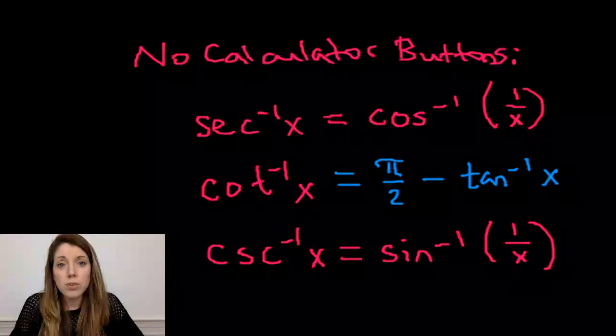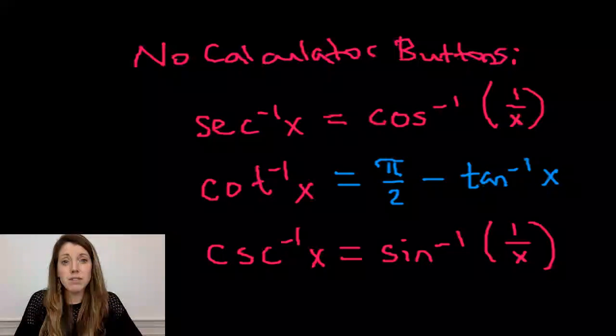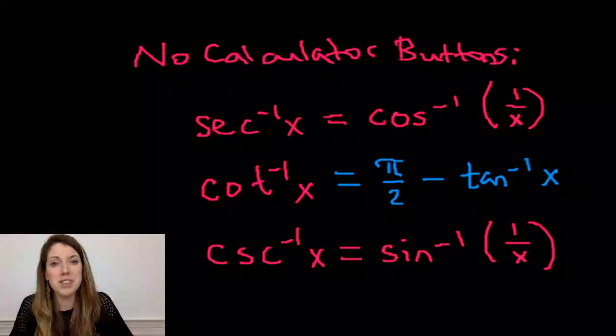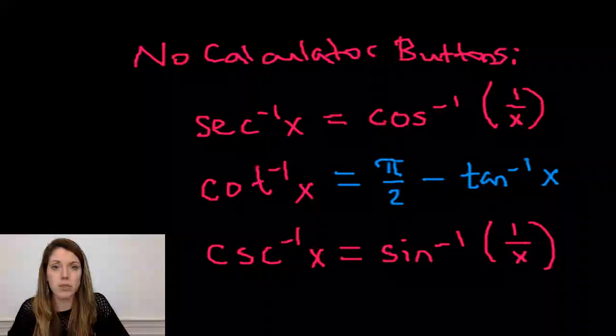You only need to use those if for some reason you need to plug in a value into your calculator and you need a way to rewrite it. So those are your no calculator button formulas. Those are the formulas that will allow you to rewrite it so you can actually get a numeric value if you need to. There are many problems where you might not need to figure that out, but if you do, now you have the formulas.